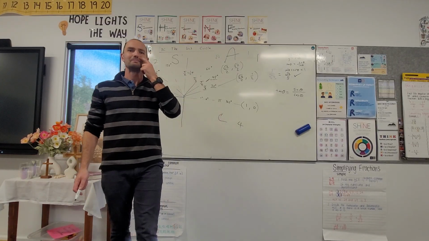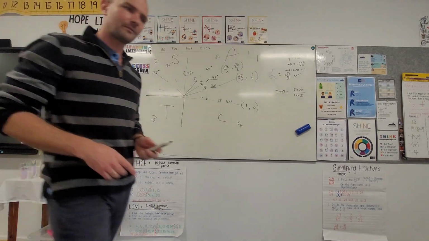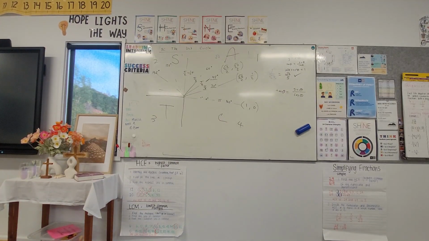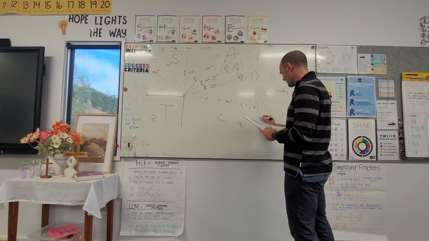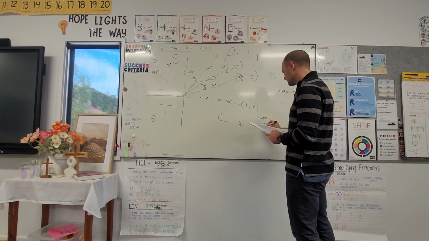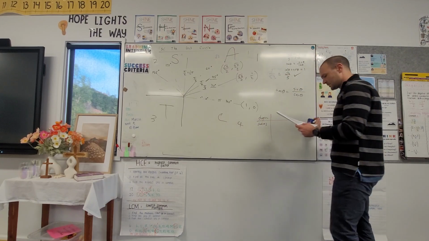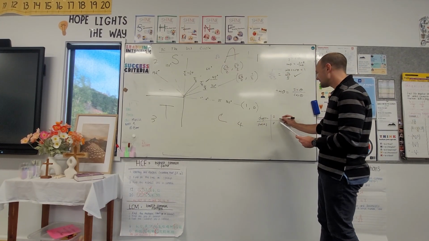Remember that. Let's have a look at, in your notes book, we've got a table there to fill in. We're going to talk about how we're going to fill this table in using the unit circle. This table has degrees, and then we're asked to fill in radians. So 0 degrees is 0 radians. We've got 90 degrees.